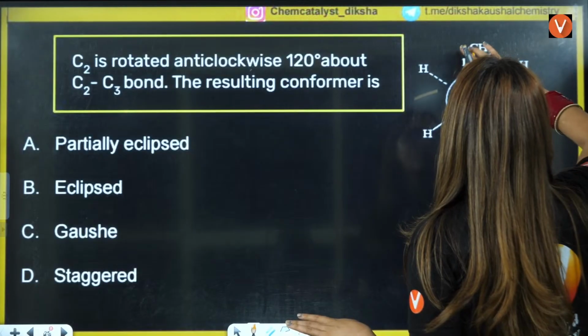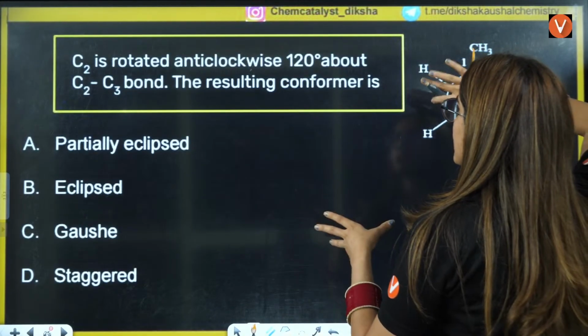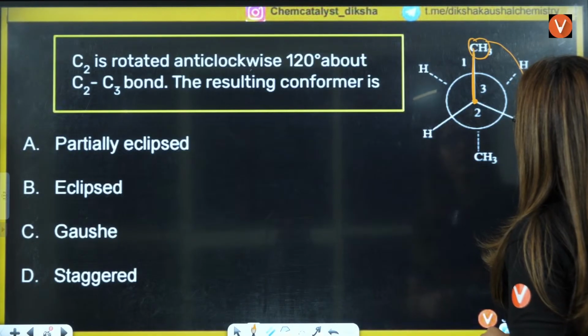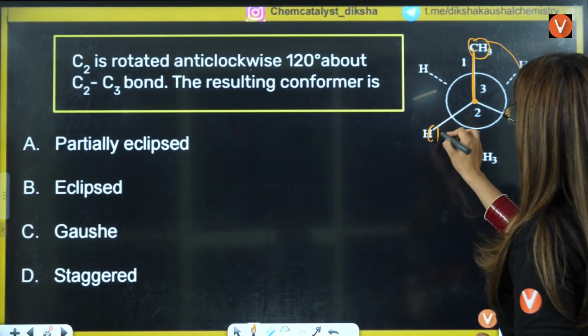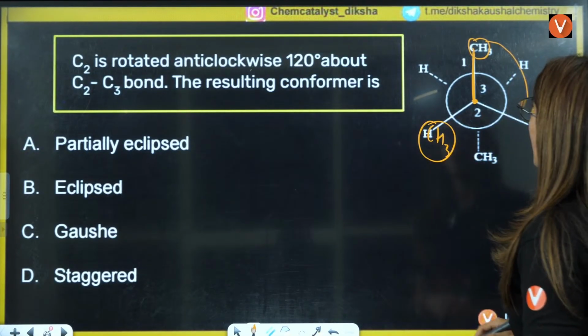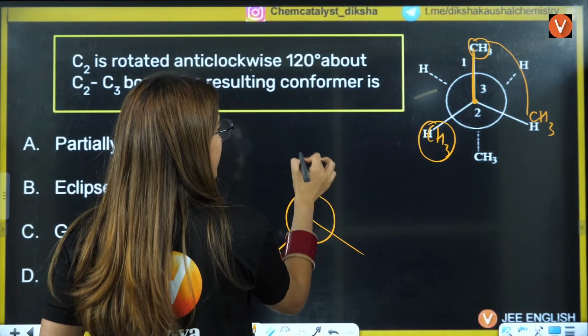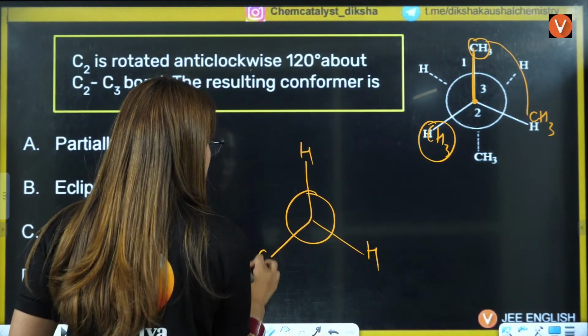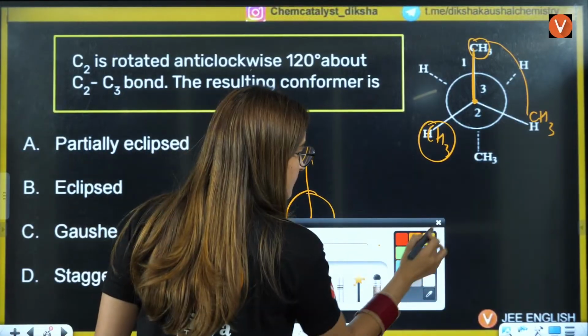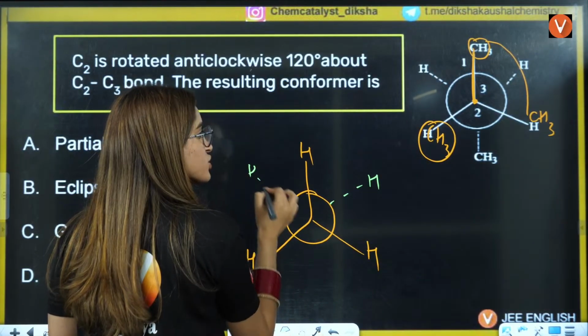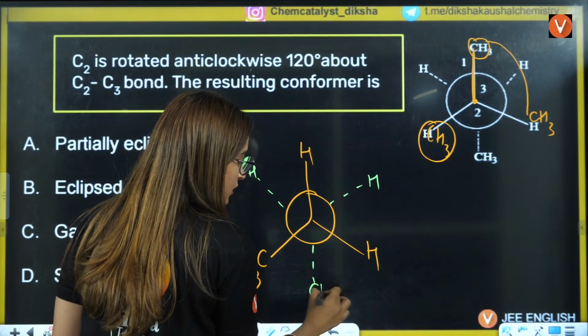So this is rotated how many degrees? 120 degrees. So if 60 degrees it will be here, again 60 degrees it will be here. So you will have something like this, 1, 2, 3, H here, you will have CH3 here, right? And here you will have H, you will have H, and here you will have CH3.